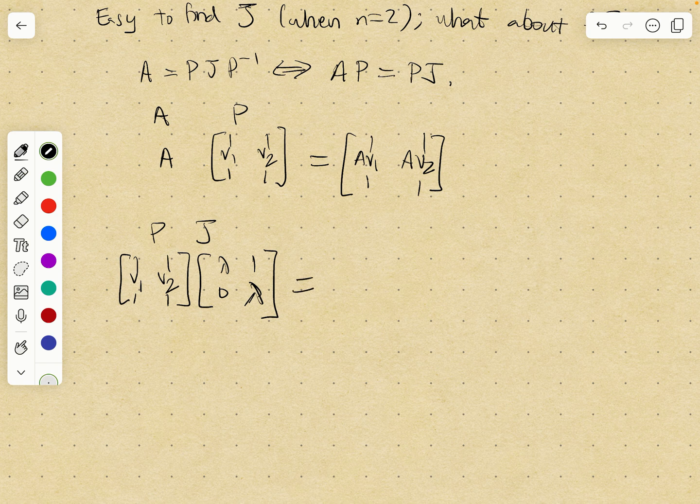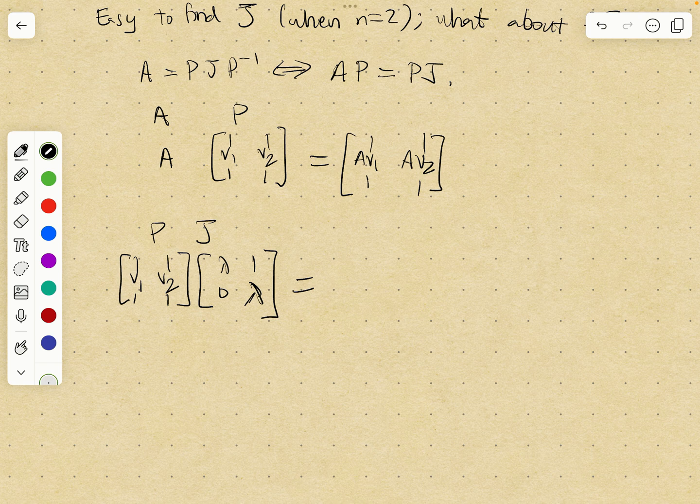Now what do you get when you multiply those two matrices together? Well, now we can use the fact that when you're multiplying a matrix by another matrix, the first column of the result is going to be this matrix times this first column. And what do you get when you multiply a matrix by a vector? Remember, that vector gives you the coefficients of the linear combinations of the columns that you're taking.